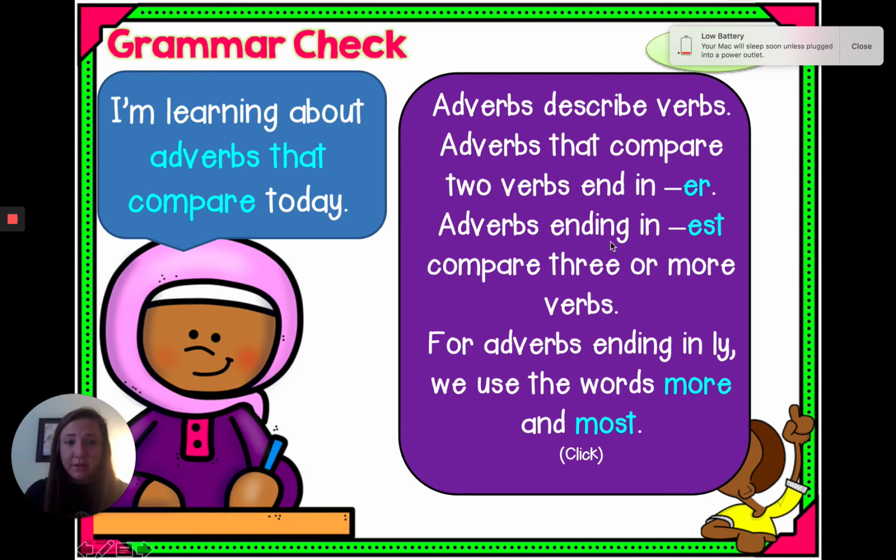And adverbs that end in EST compare 3 or more verbs. For adverbs ending in ly, we use the words more and most. Take a second to think about these rules. Remember, a verb is when you do something or an action.